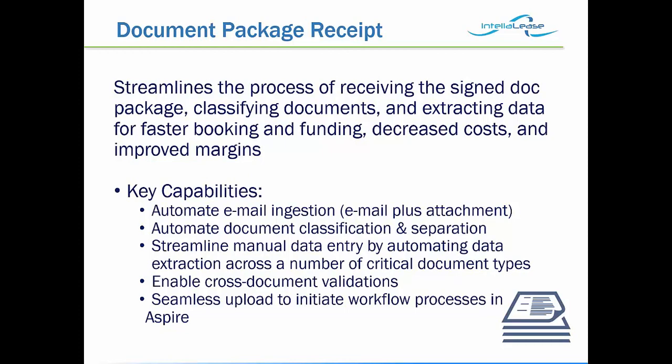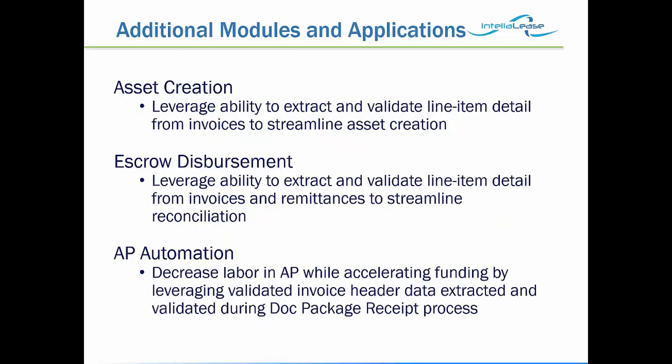We're leveraging that same technology to extract data and remove some of the data entry that would be required on the booking end. Enable cross-document validations to ensure that, like I said, the company name matches that on the bank statement, matches that on the application, and then seamless upload to initiate workflow processes in a lease origination system.